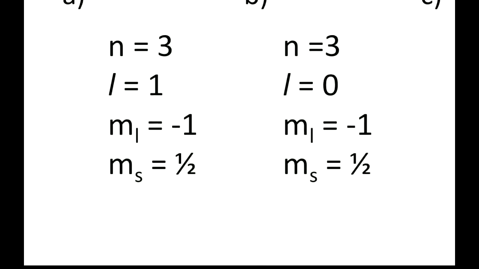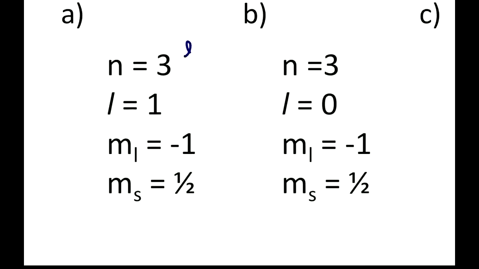All right, so my process here is to go in order. If n equals 3, what are the possible L's I can have? 0, 1, and 2. So I see that that's an allowed L. How is M sub L related to our electron? It's related to the L value.